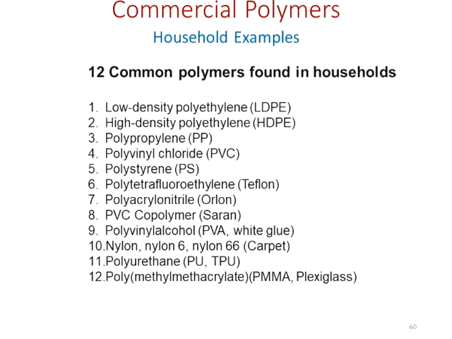So when we talk about the household examples here, really you could think beyond the household. Okay? So 12 common polymers are found in the household, and that's a take-home point, and that's something you want to know. There's about 12 common polymers, and these take up a lot of the applications for things that you just normally see in and around you.